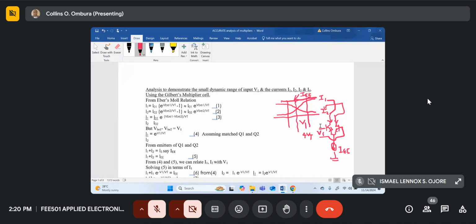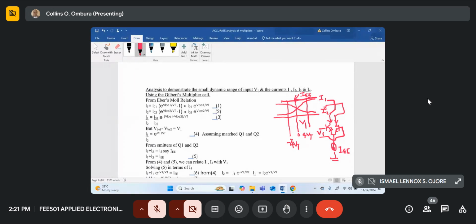So the dynamic range of the signal is plus minus 4 VT, because also on this side, this is 0. This will be minus 4 VT. So the signal in the two inputs can go approximately 4 times 26 millivolts at room temperature, approximately 100 millivolts.